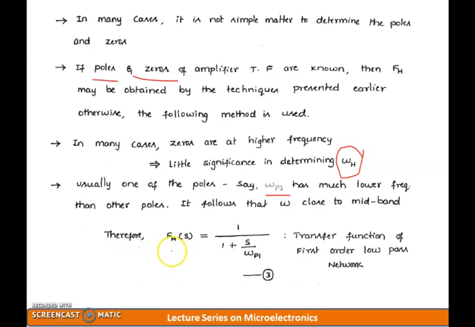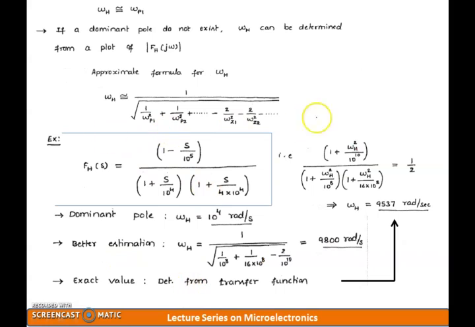In that scenario, the upper cutoff frequency will be represented as a single time constant low pass filter network, that is fH equal to 1 upon (1 plus s by omega p1). Here omega p1 is nothing but the particular pole which is dominant among whatever poles we have obtained. Under that scenario, the upper cutoff frequency will be directly equal to the pole frequency I have obtained.